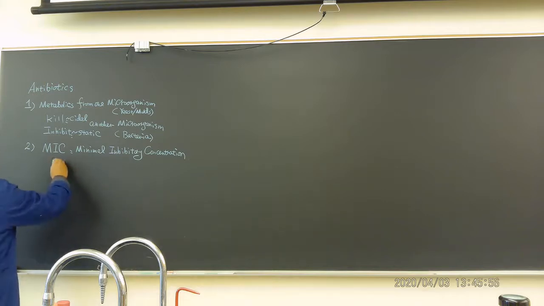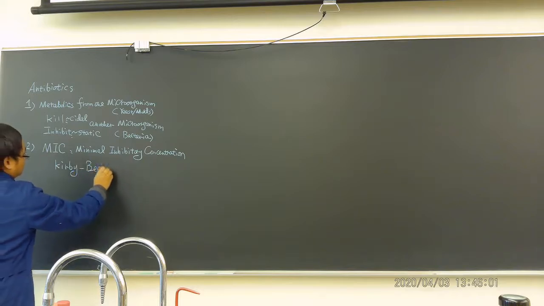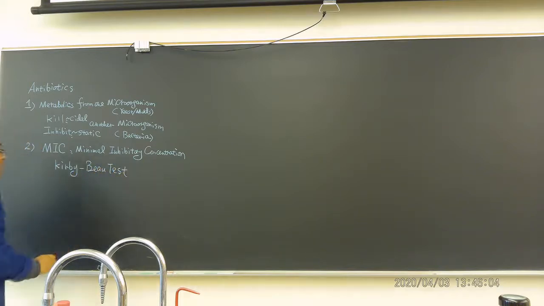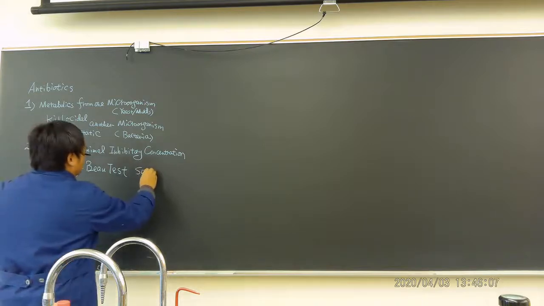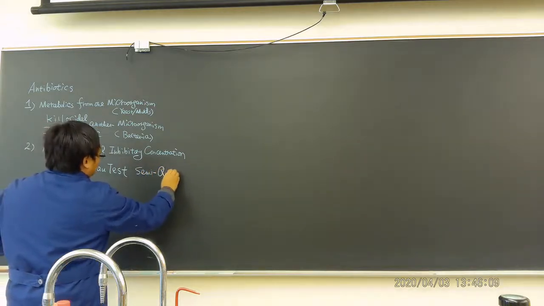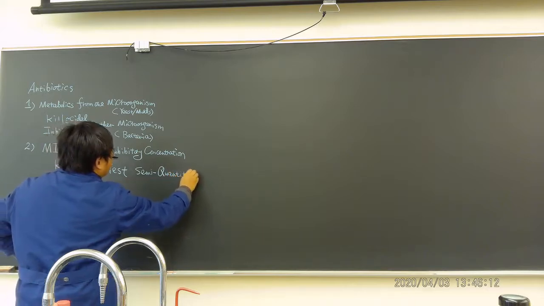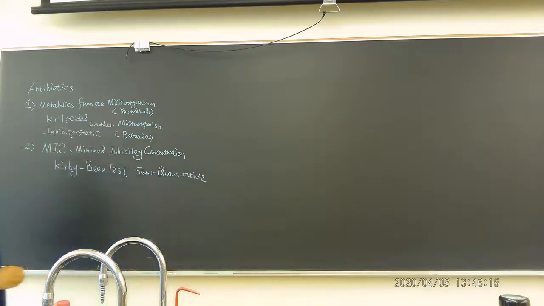Today we will do the Kirby-Bauer test, which is a semi-quantitative test. It means we know the minimum inhibitory concentration range, but we don't know the exact number, like 8 ppm or 6 ppm. We don't know a definite answer. We know some type of number.